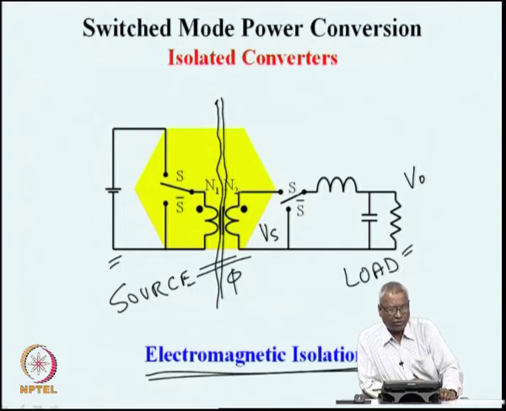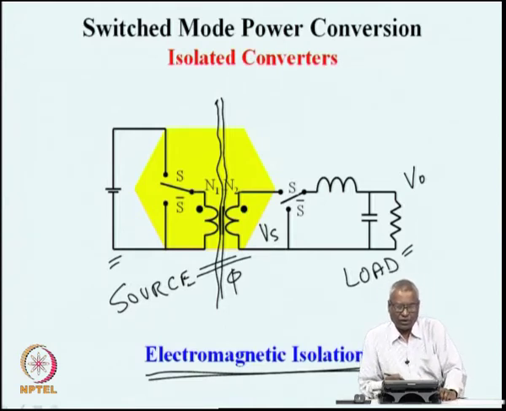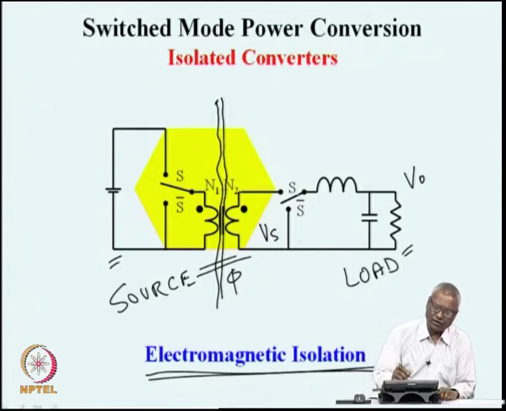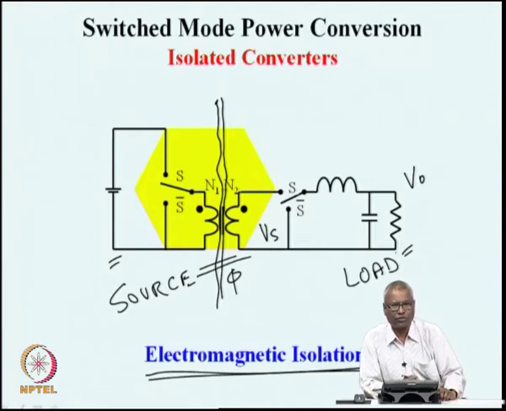There are a number of converters which belong to this family, and most power converters belong to the isolated converters family for several reasons. One major reason is that it is necessary to supply power at a potential which is different from the source. So, you have to have an arbitrary potential isolation between them.